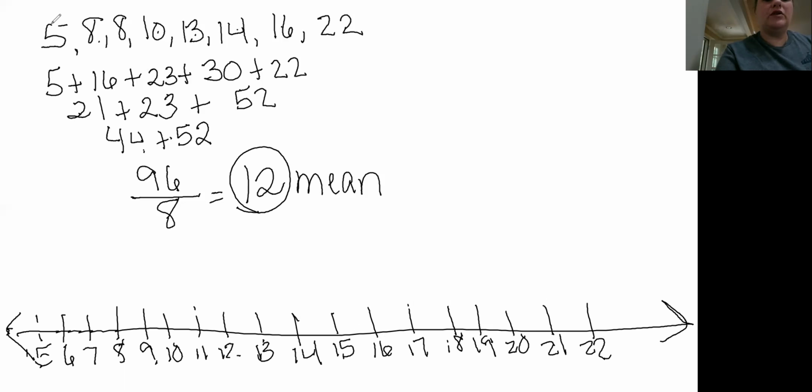Okay, so we went all the way from 5 to 22 on our dot plot, and we've decided that the mean is 12. So this is super important, so I'm just going to star this because that's our mean.